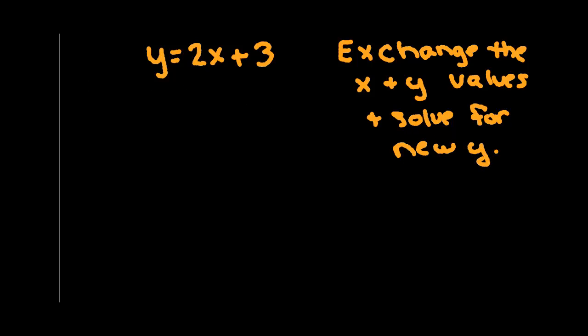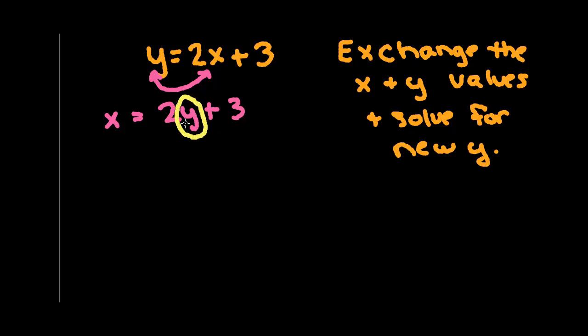So what I mean by exchange is just switch them. Where there is an x, we're going to put a y, and where there's a y, we're going to put an x. So my new equation would be x equals 2y plus 3. And now I need to solve for the new y. So I'm going to solve for this value right here.